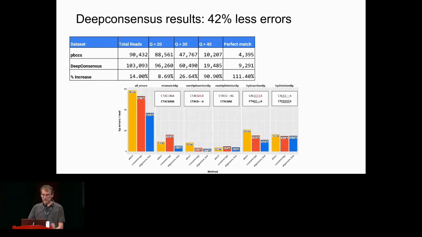They came up with much better results in terms of errors. This reduced by about 40% the number of errors found in the sequences produced by the algorithm. So keeping the same technology, just changing the algorithm, you decrease your errors by 40%.